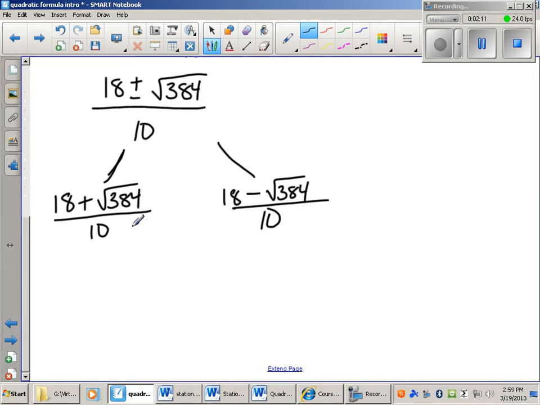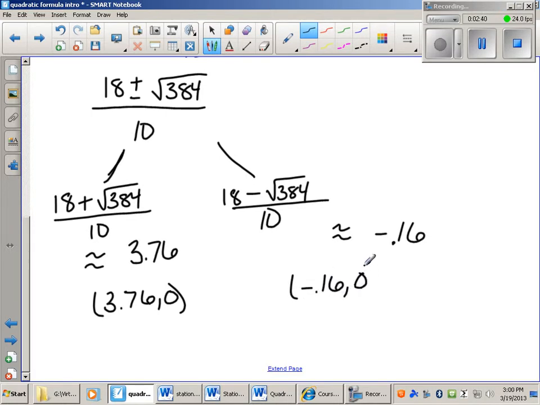You need to remember to type this in correctly and use the appropriate parentheses. So this one here will give me approximately 3.76. And this one will give approximately negative 0.16. And because we know the solutions to quadratic functions are the x-intercepts, we will write our answers as x-intercepts, where y is 0.